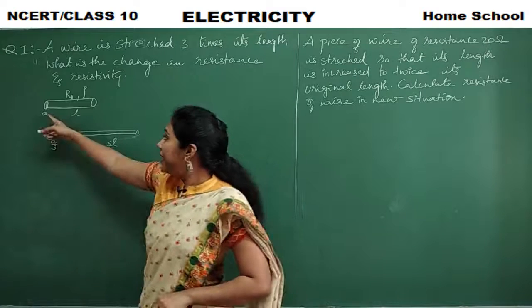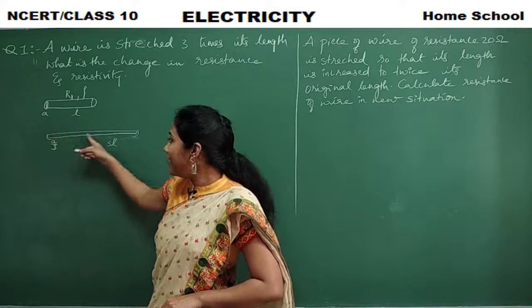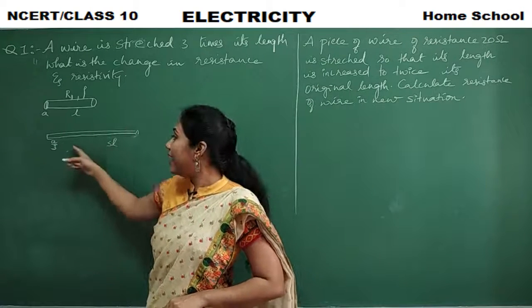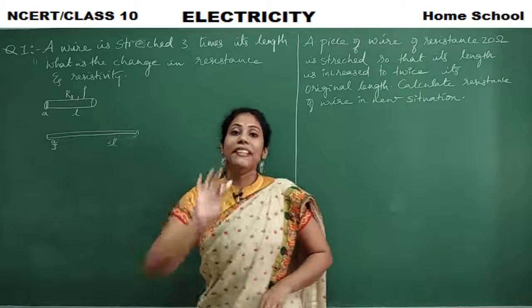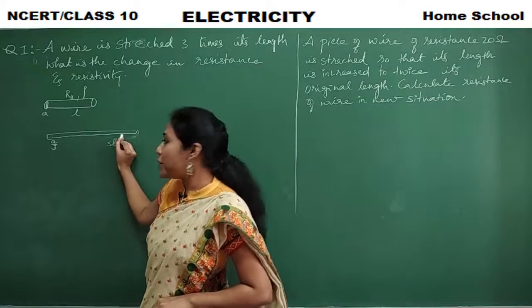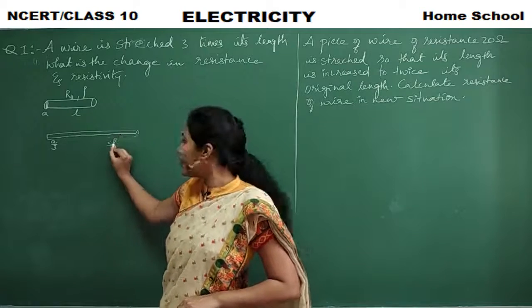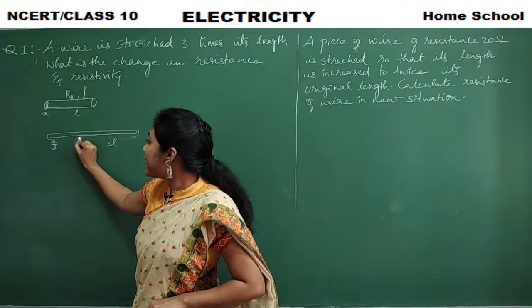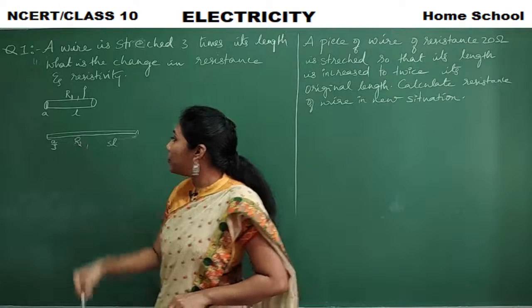Initially the area was A, but the moment I stretch it 3 times, length has increased 3 times, so 3L, and area will decrease by 3 times. Now the resistance of this wire definitely changes because length has changed, area has changed. So let the resistance of this wire be R2.